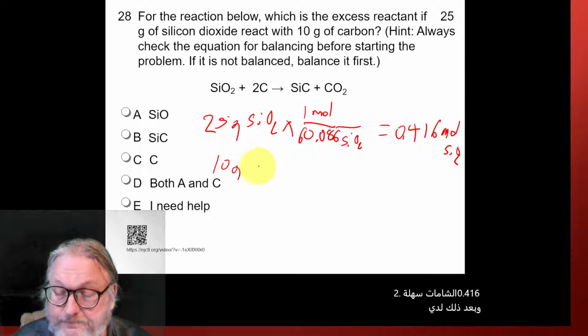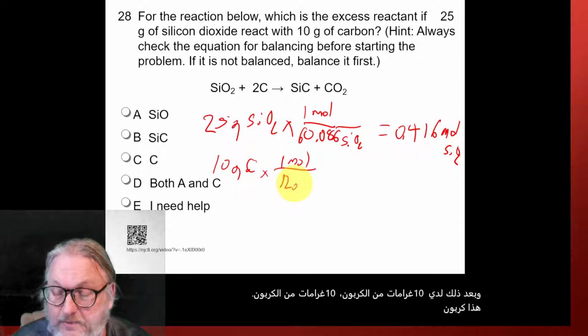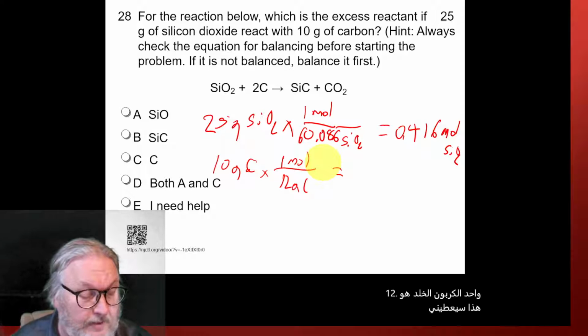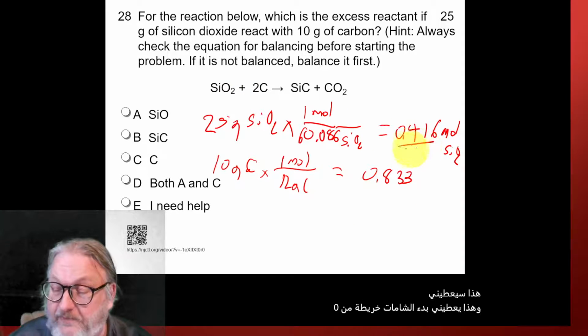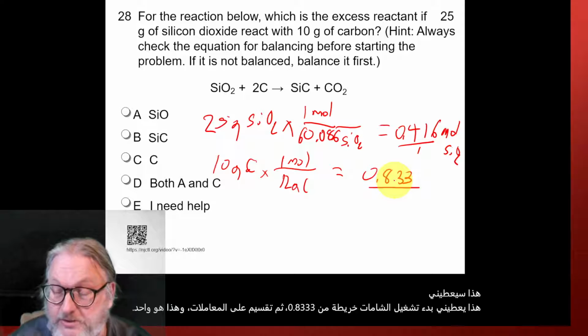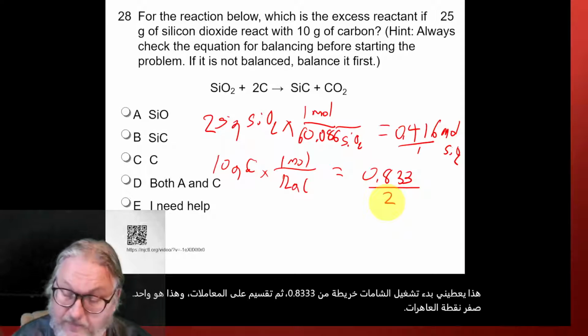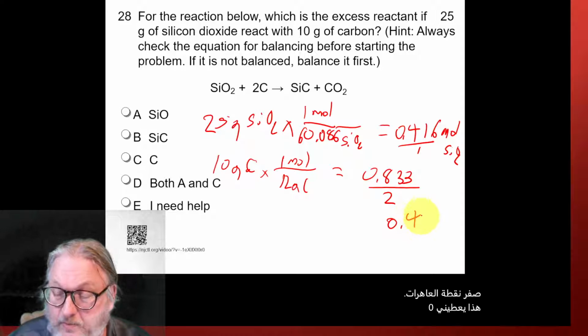And then I have 10 grams of carbon. 1 mole of carbon is 12 grams. That's going to give me 10 divided by 12, so starting moles of 0.8333. Then divide by the coefficients. That's 1 divided by 2. Whoops, wrong. About 2. That gives me 0.41666.